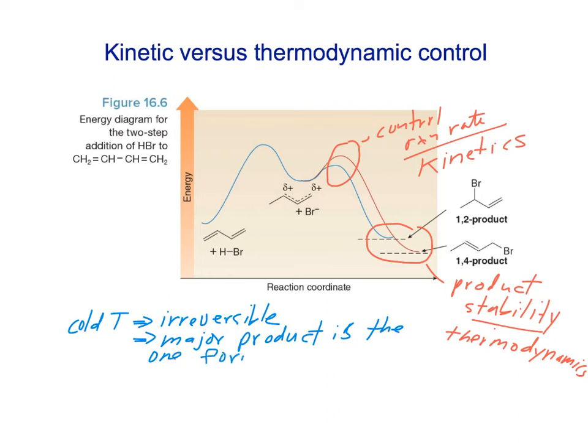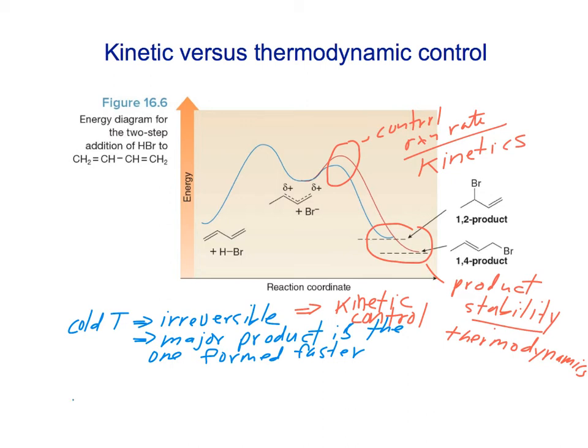This kind of manifold or something is what we call kinetic control. Okay, it's only the kinetics, the rate of the reaction, that's controlling the product ratio. Okay?